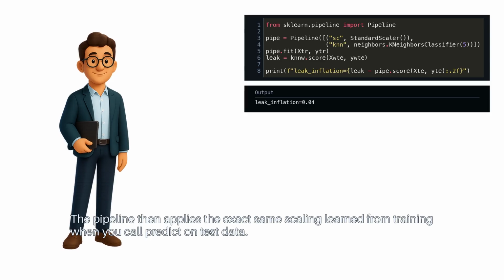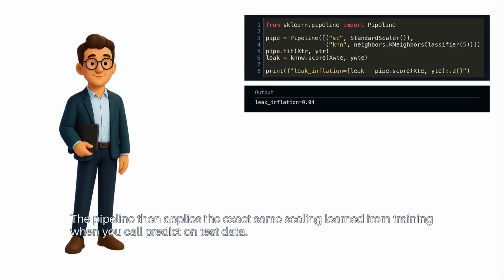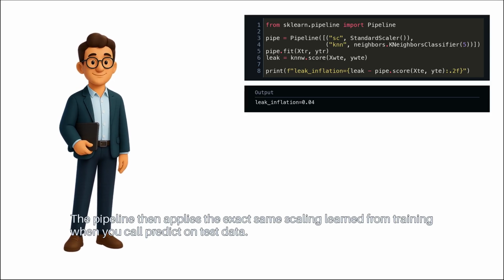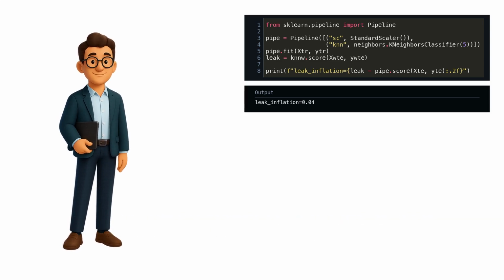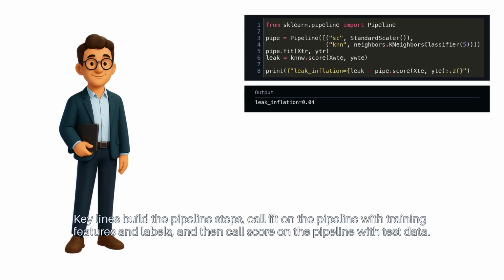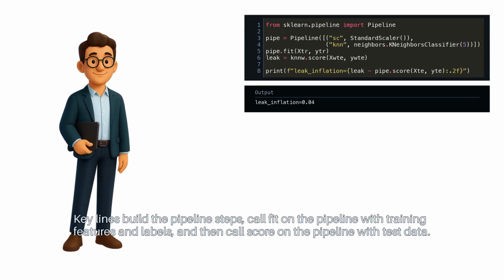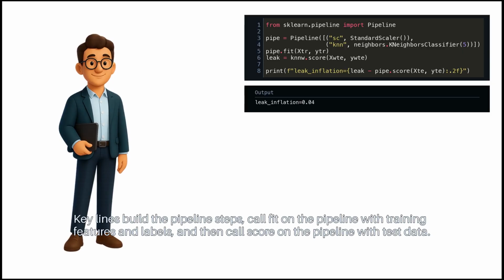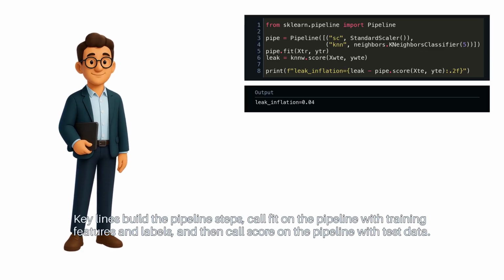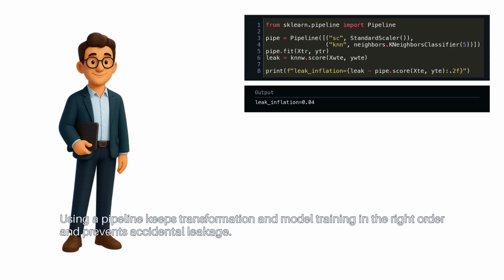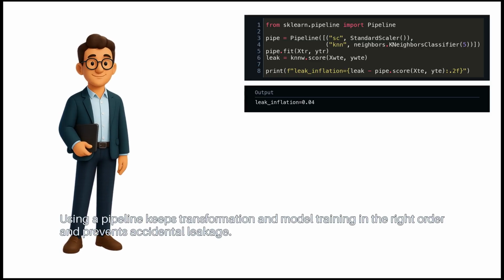The pipeline then applies the exact same scaling learned from training when you call predict on test data. Key lines build the pipeline steps. Call fit on the pipeline with training features and labels, and then call score on the pipeline with test data. Using a pipeline keeps transformation and model training in the right order and prevents accidental leakage.